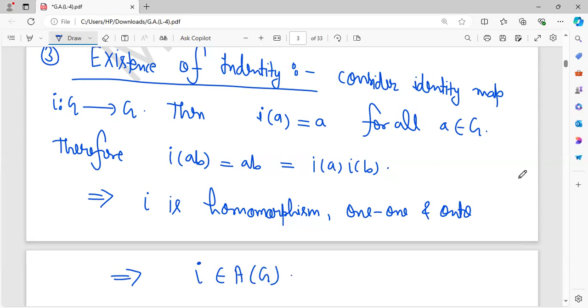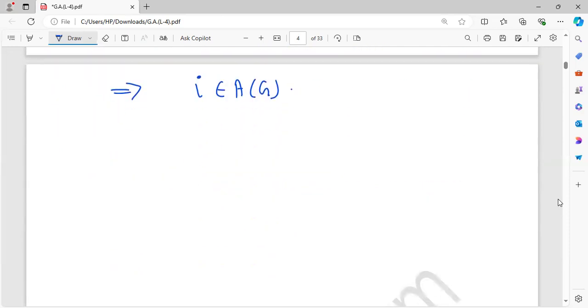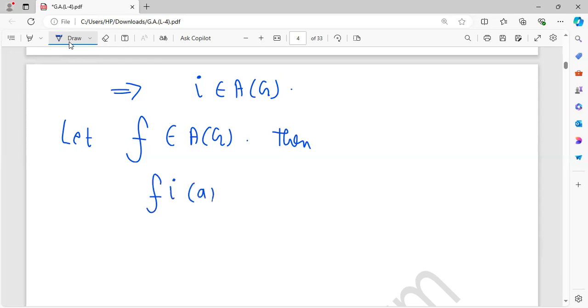Now take any f belonging to AG. Then (f∘I)(a) is equal to f(I(a)), that is f(a).